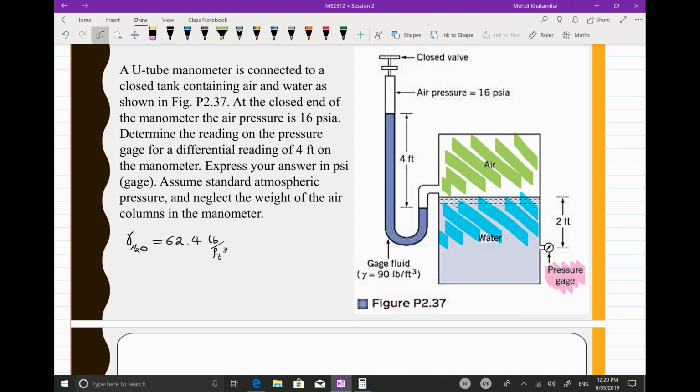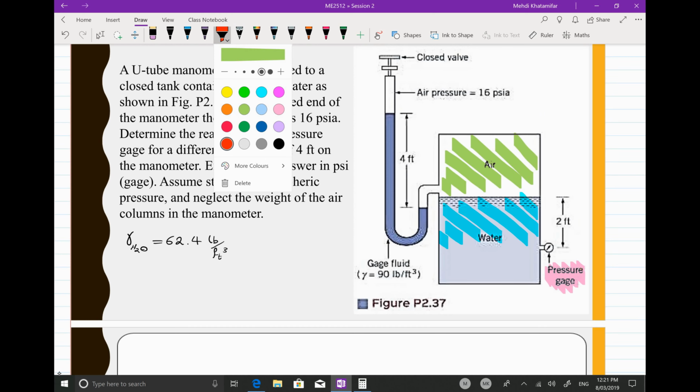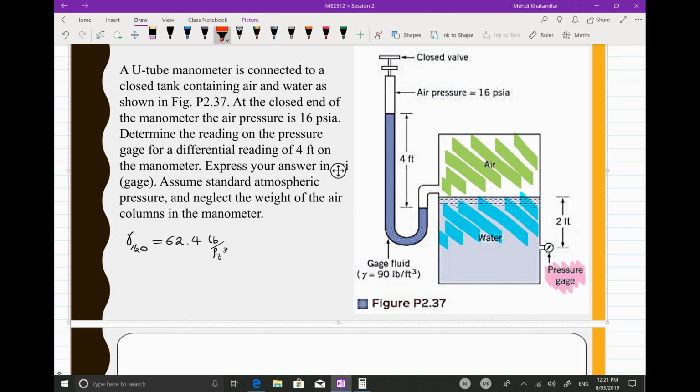Okay, let's investigate the manometer. The first point you may see is the unit of air at this top of the manometer. The end of the manometer is closed by this valve, and we have some air pressurized there, 16 psi A. A stands for absolute pressure. And psi means pound per inch square.